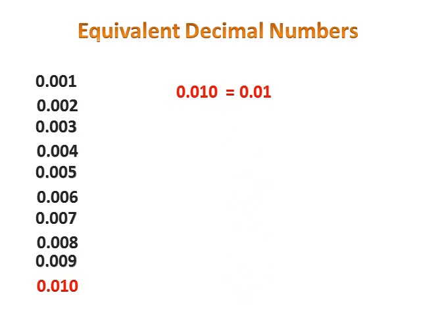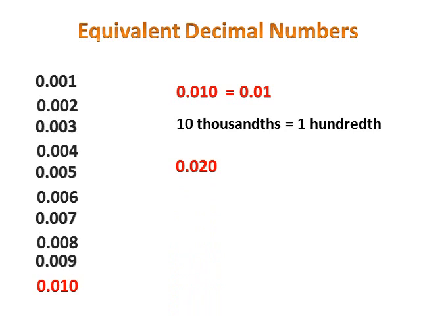You just get rid of the last zero, and that will be just the same. In the same manner, 20 thousandths is also equal to 2 hundredths, and 90 thousandths is equal to 9 hundredths. You may need to review some of these on your own just so you get that started.